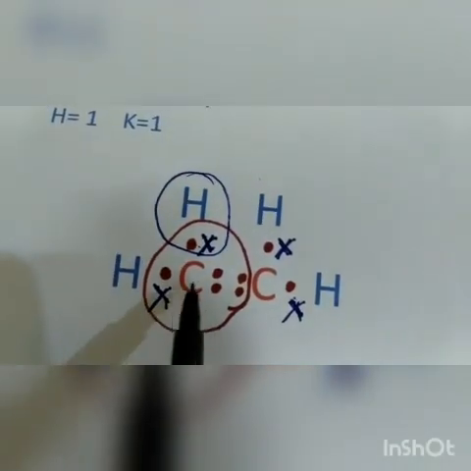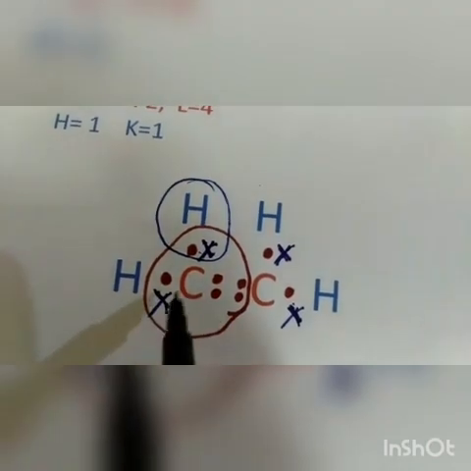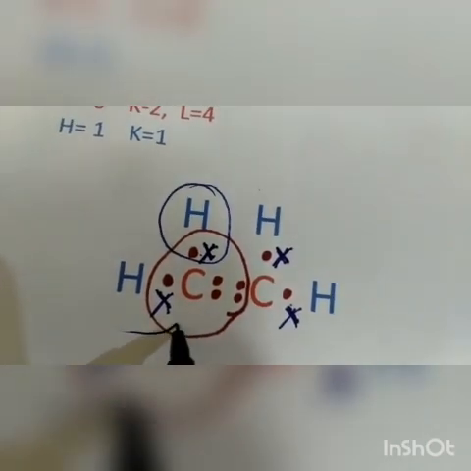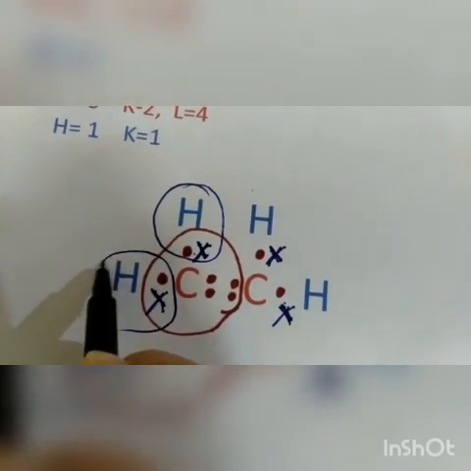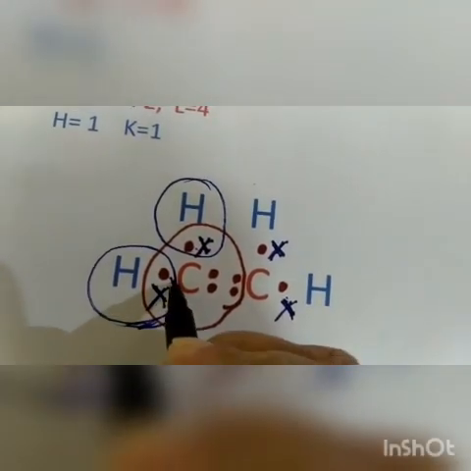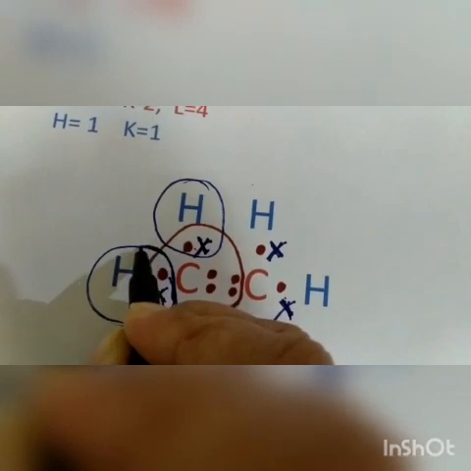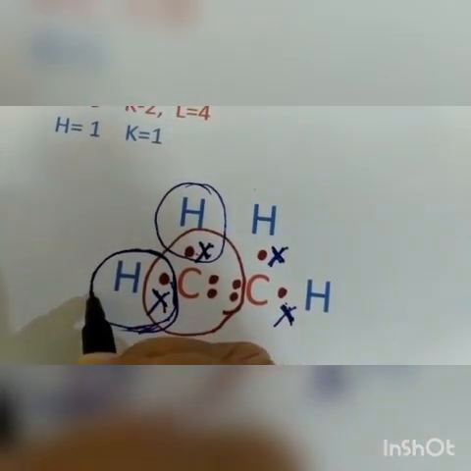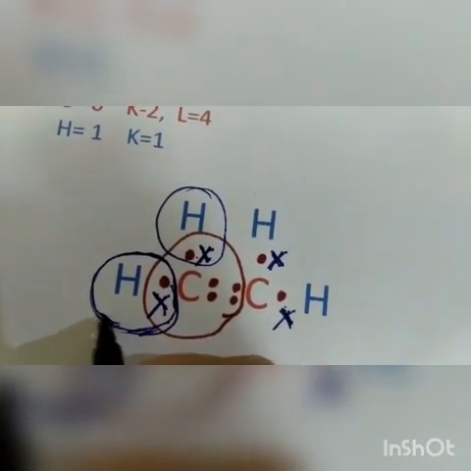Here also this carbon will share this electron with this hydrogen. Students, it needs lot of practice. Okay, here I am unable to draw the circle nicely. Okay, it needs lot of practice.